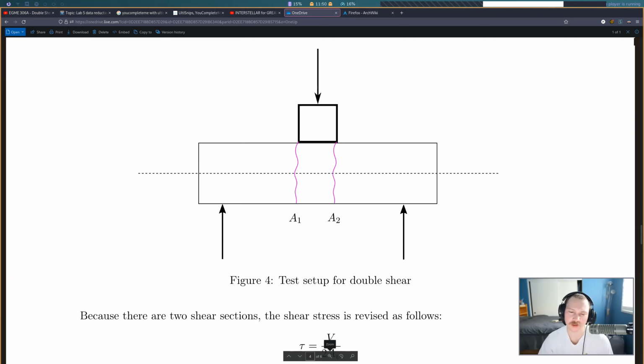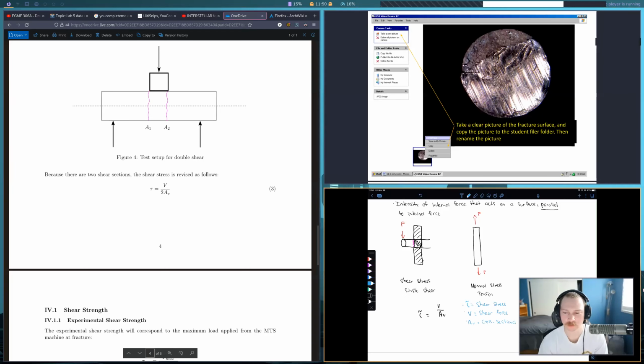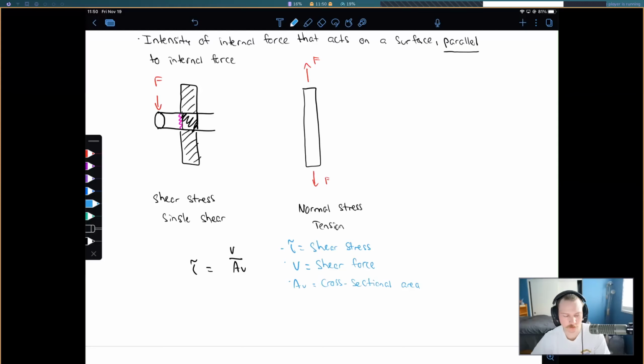Or really, we're going to measure the diameter, then calculate the cross-sectional area. And this part here, that's that centerpiece that we looked at before. It's a little different in the actual lab, but the point is the same. We're going to be pushing down on the center. That's going to cause a shear force here and here, and it's going to break off. Okay. Go back here.